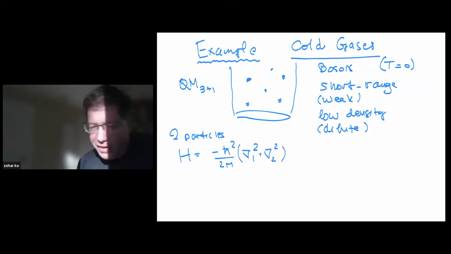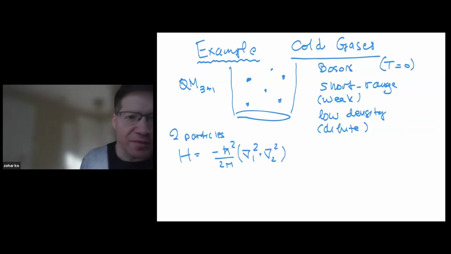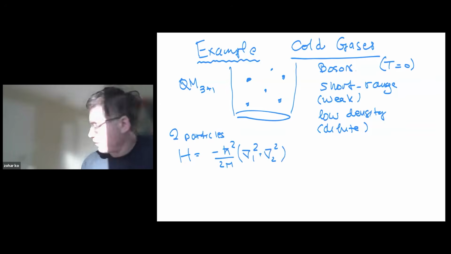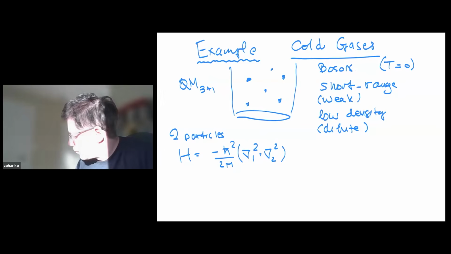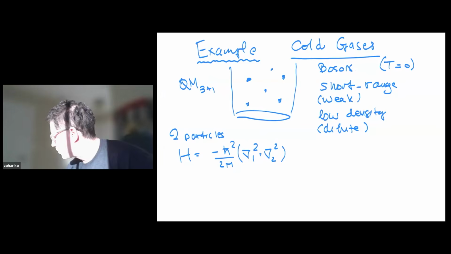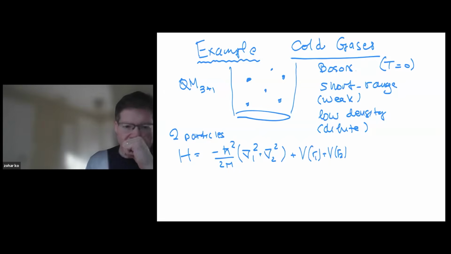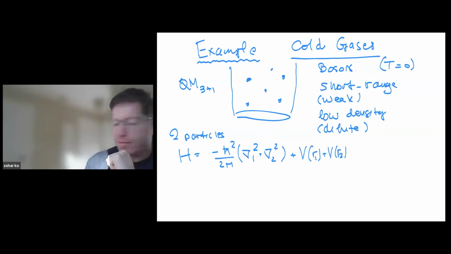Then they might be inside a bucket. So the bucket will be represented by some potential that is affecting the particles independently of each other. So the bucket is represented by a potential for coordinate 1 plus some potential for coordinate 2. That's the bucket. So far, even I could solve this problem because it's just decoupled. You just need to find the one particle states.